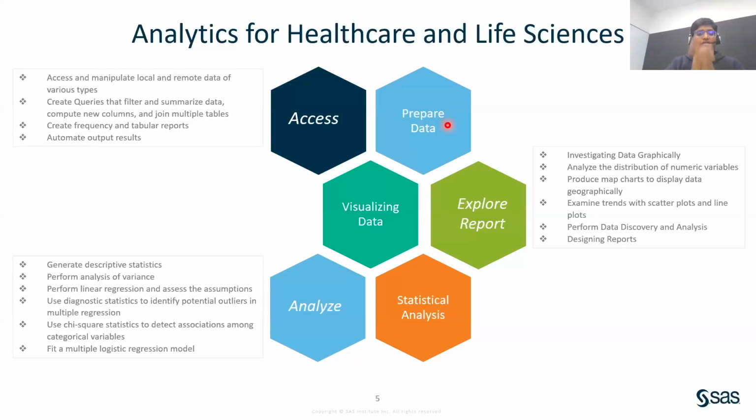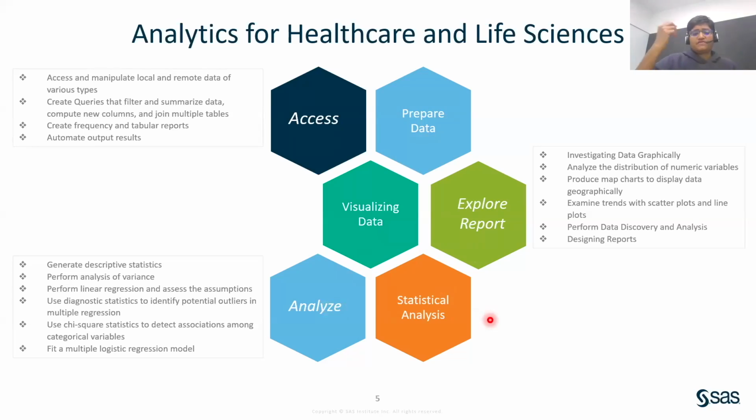So when you're talking about analytics for healthcare and life sciences, these are just certain quick bullet points in terms of what you can do when you talk about accessing the data, and what you can do when you talk about preparing the data. You're then looking at visualizing and exploring the data, and then subsequently the statistical analysis part.